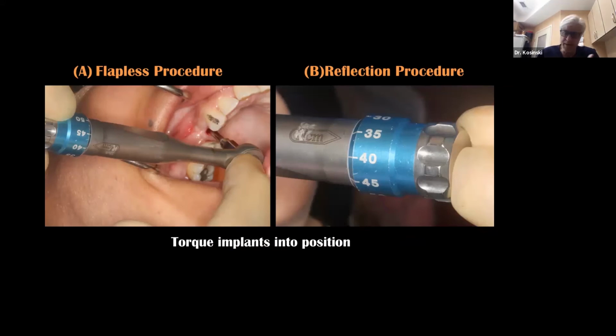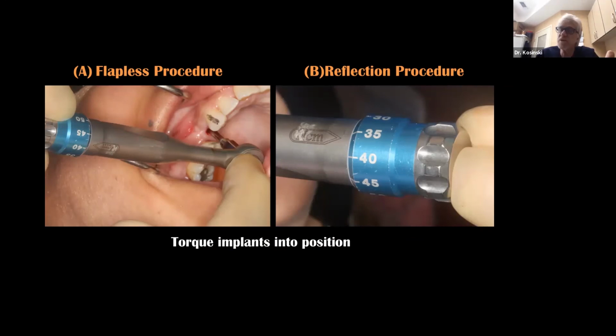A healing abutment is simply a longer screw that penetrates through the soft tissue, which allows the soft tissue to form a cuff around that healing abutment. This eliminates the need for a secondary tissue removal to find the implant later.